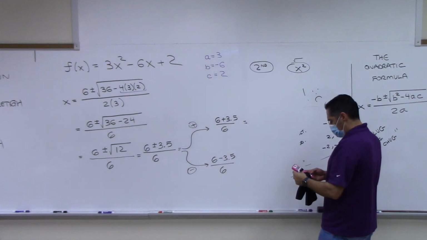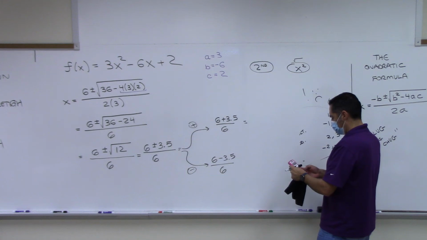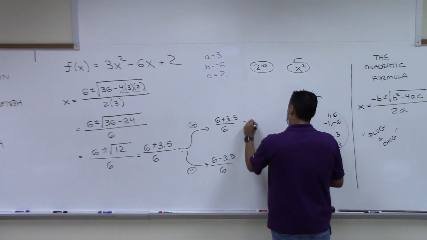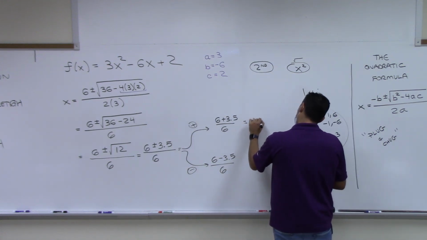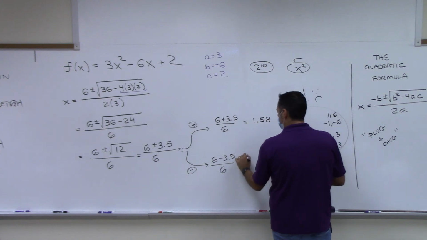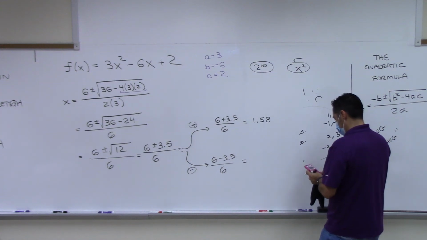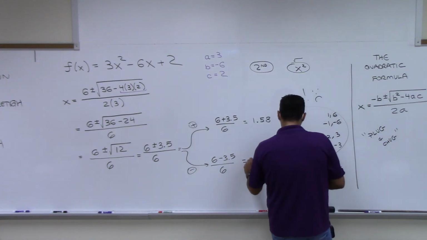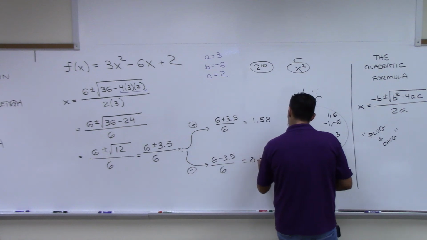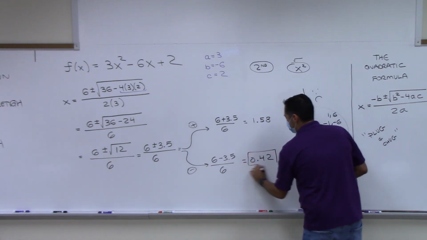I'm so sorry. 3.5 plus 6, and then divide that by 6. So we should get something like 1.58. I'll do 2 decimal places here. Then this one will be 6 minus 3.5 divided by 6. This will be 0.42. Those are your two x-intercepts.